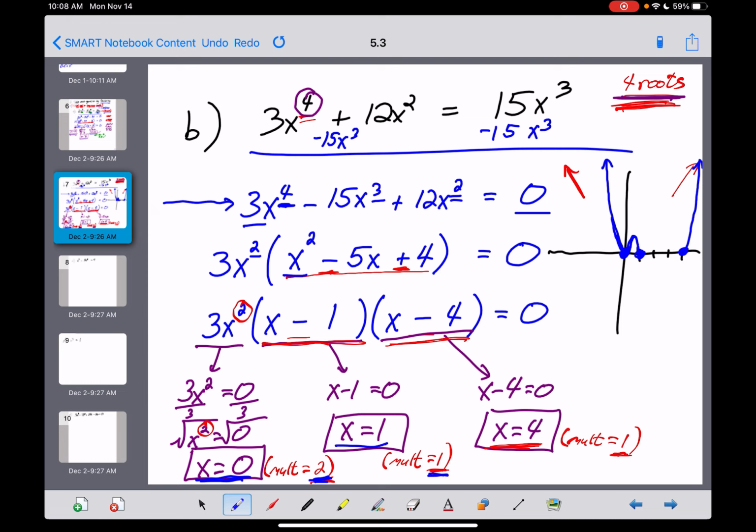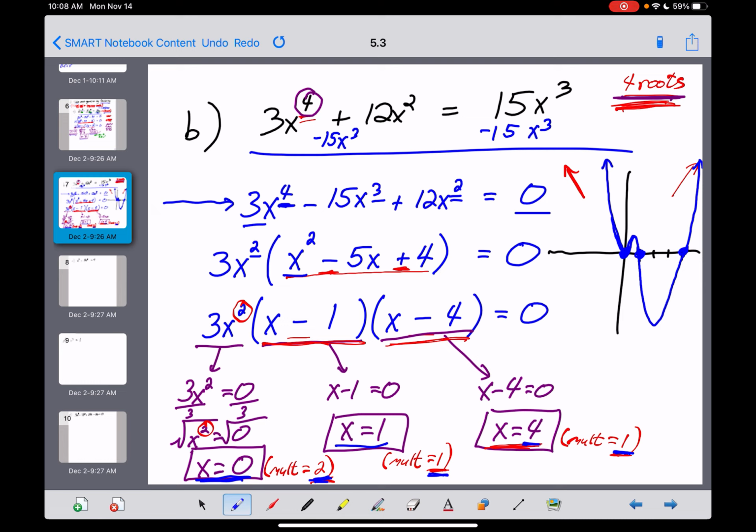So at that point, it's going to bust through the x-axis and then at some point turn around and hit the x-axis again at 4. And again, the multiplicity is odd there, 1, so this graph crosses through the x-axis at 4, and this is actually a pretty decent representation for what our graph for this polynomial function looks like.